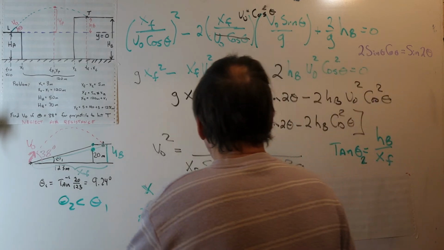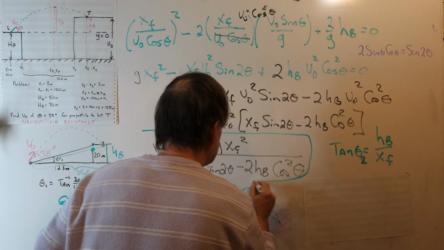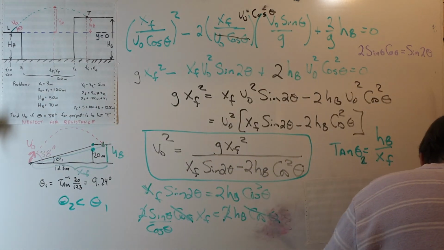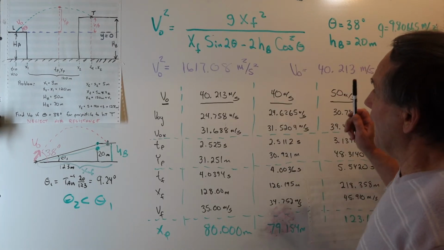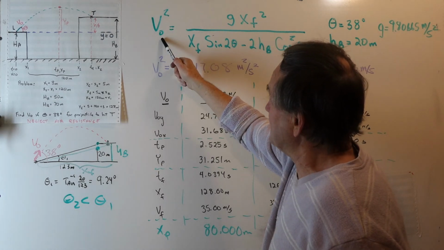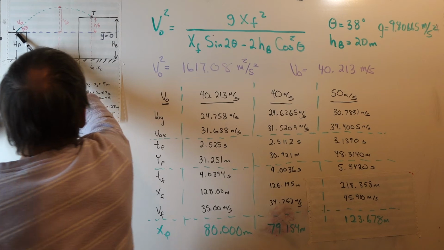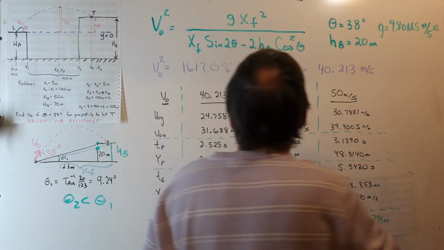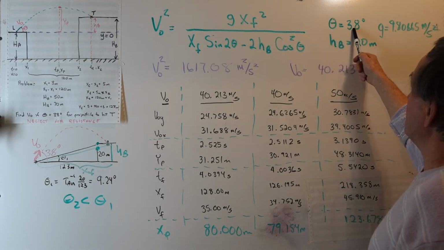So now we have our solution here. So let's put in some examples and see where we're at with this. I've now put the numbers into the equation. Here's our equation for the velocity squared that we need to shoot the projectile out in order to hit the target on the other building. Remember, we're shooting at an angle of 38 degrees.